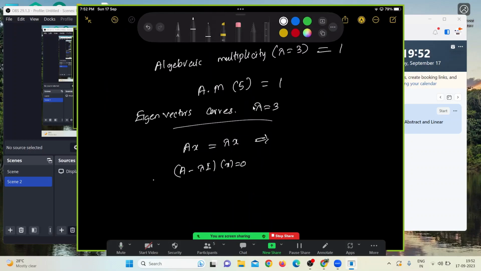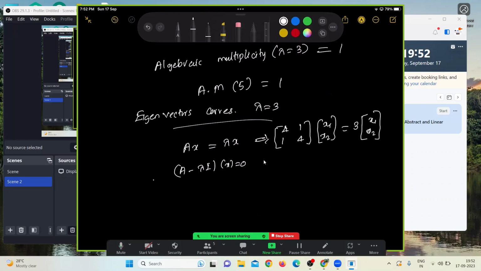This is actually A is 4 1 1 4 and x is x1 x2. And here we are taking lambda as 3. So this matrix into x1 x2 should be equal to 3 times x1 x2. We need to find the value of x1 x2 such that it is satisfied. So we will write this equation as A minus lambda I times x equal to 0.